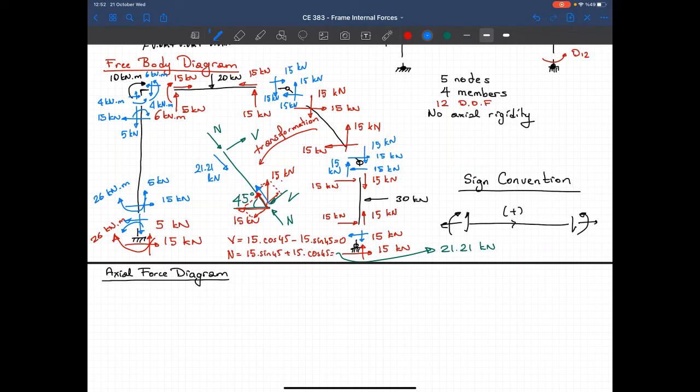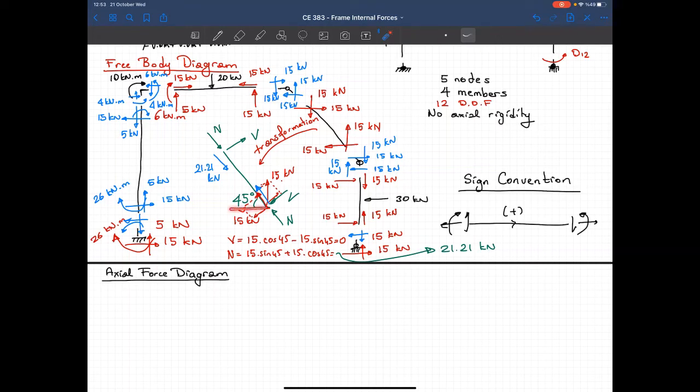Now here what I did is, again, let's repeat, these are not along the element axis or perpendicular to the element axis. So these are some end forces, but they are not axial or shear forces. What I need to draw these diagrams is the axial or shear forces. So I'm just calculating the components of these two force couples in the V and N directions, using just the geometry.